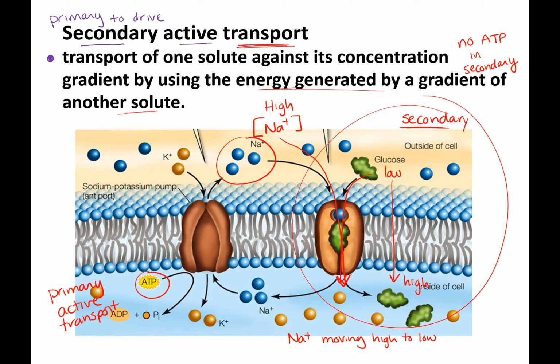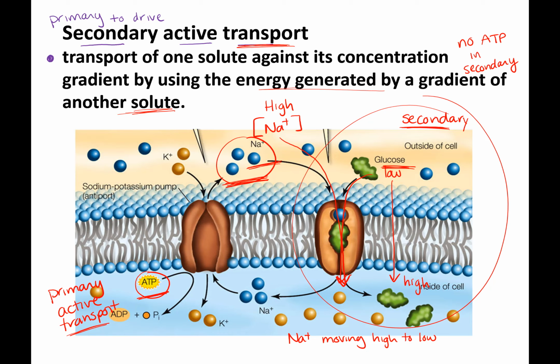The one I just talked about in mitochondria and chloroplasts is chemiosmosis. So take a look at this. Again, sodium is being moved by primary active transport, which requires ATP. Glucose is being moved by secondary active transport, which is using the sodium concentration to move that solute.